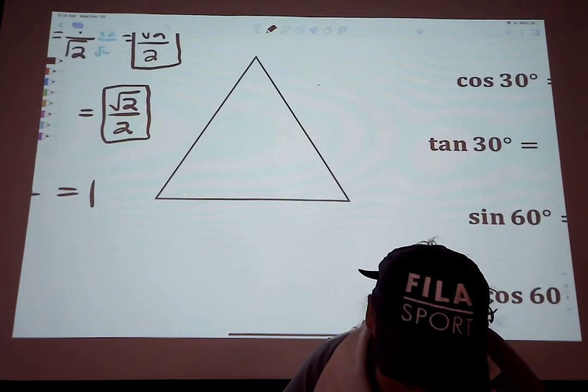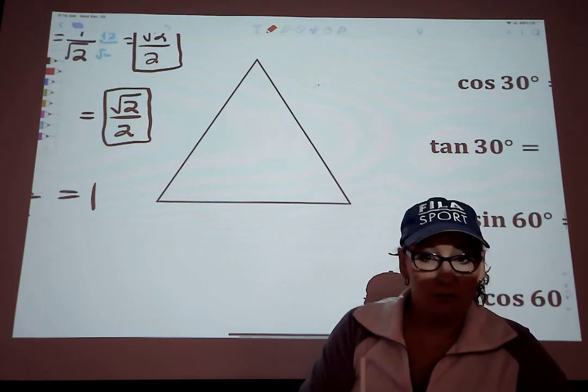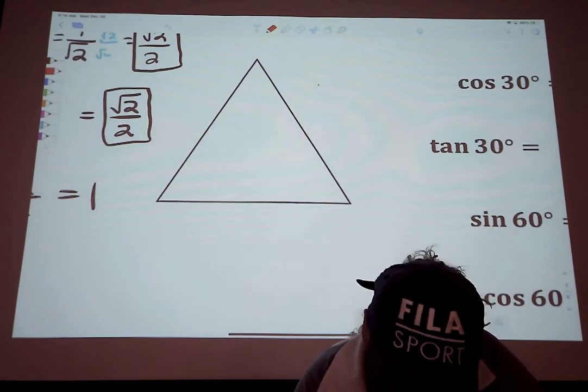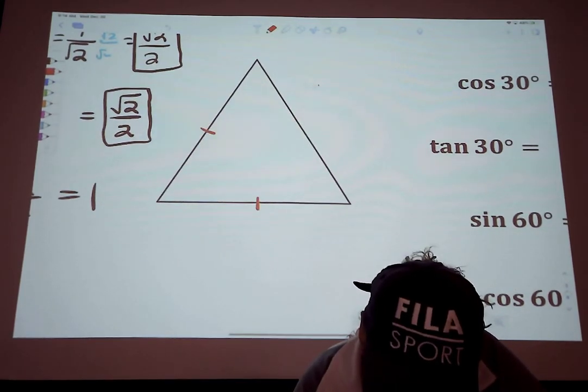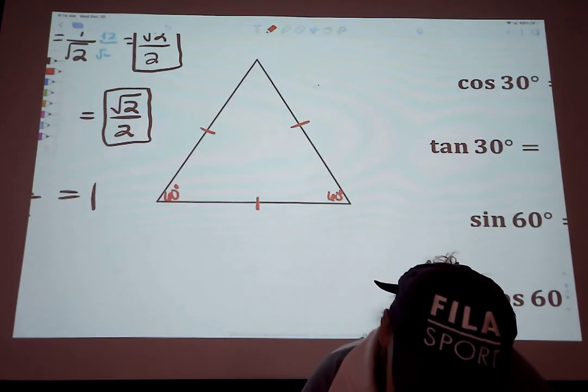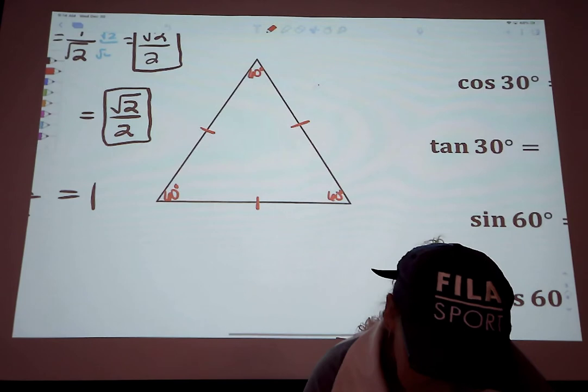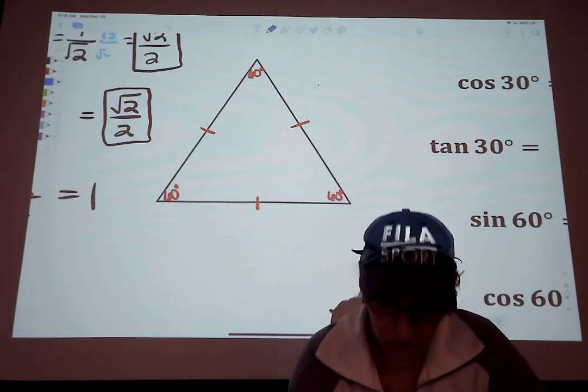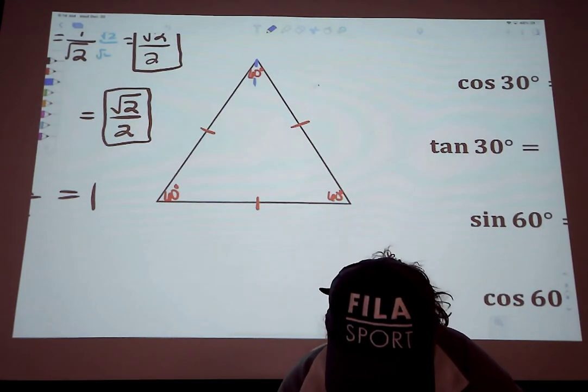In order to come up with a 30, 60, 90, I've started you off with an equilateral triangle, which means 60, 60, and 60. Now, let's drop an altitude and cut that triangle in half.